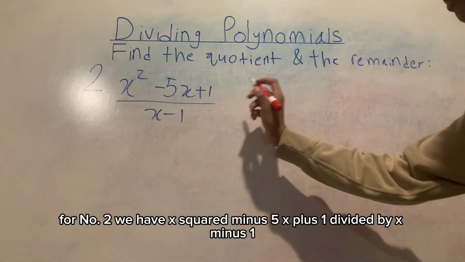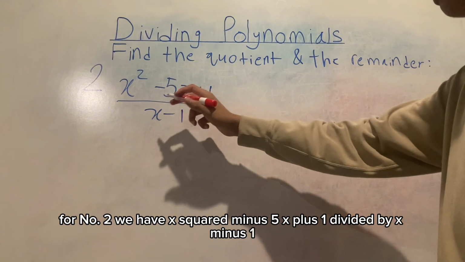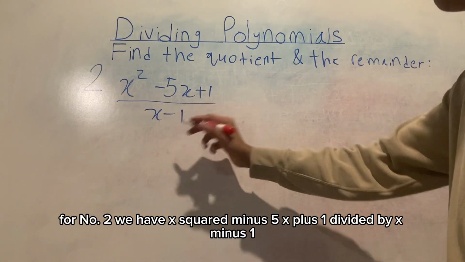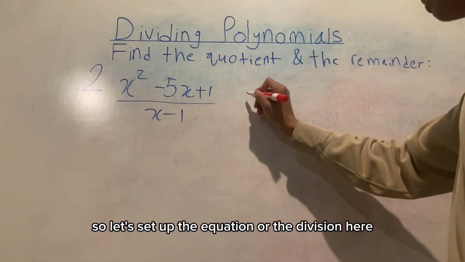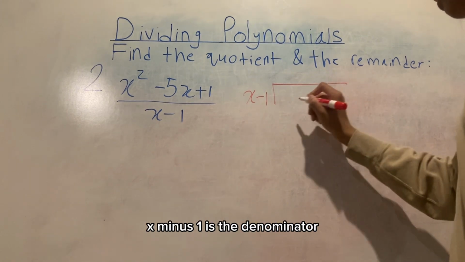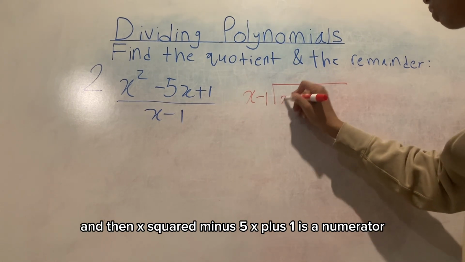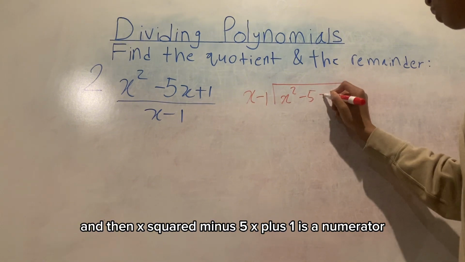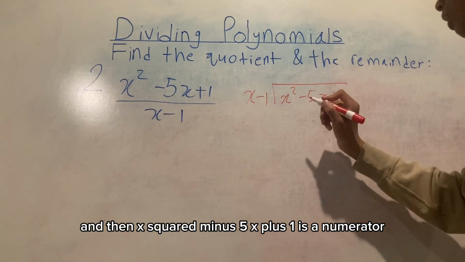Okay, for number 2, we have x squared minus 5x plus 1 divided by x minus 1. So let's set up the division here. x minus 1 is the denominator, and x squared minus 5x plus 1 is the numerator.